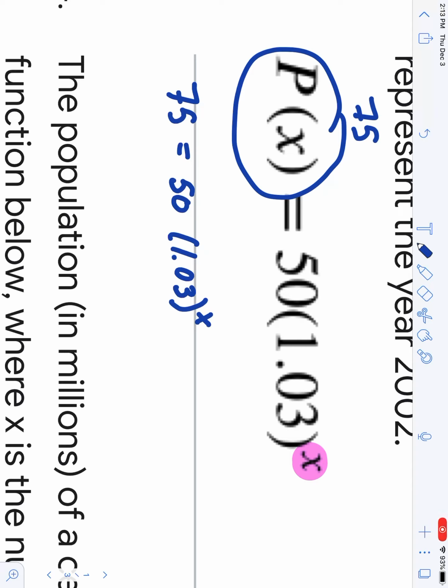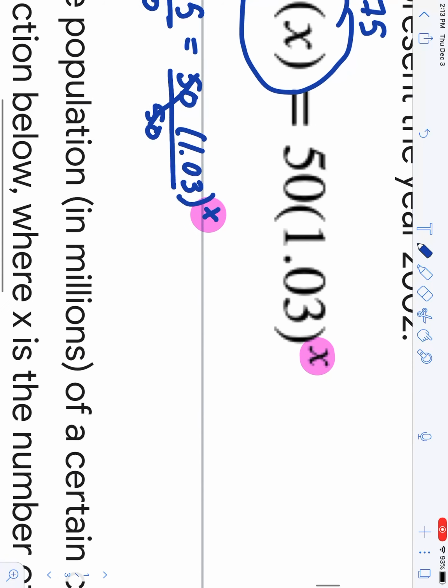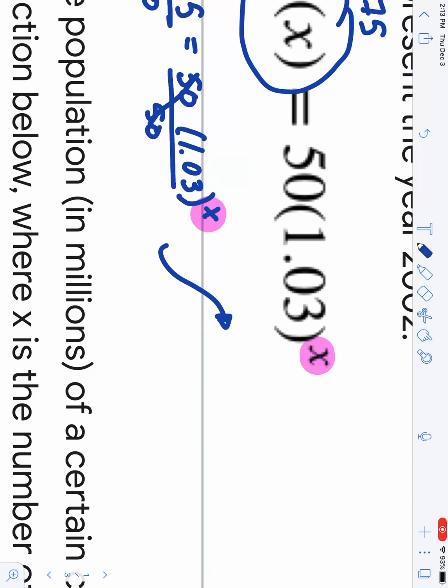If you remember, whenever the exponent is the unknown, you want to get it by itself. So the first thing we're going to do is divide both sides by 50. 75 divided by 50 gives us 1.5. So 1.5 is equal to 1.03 to the x power.